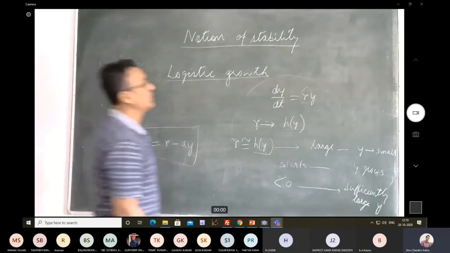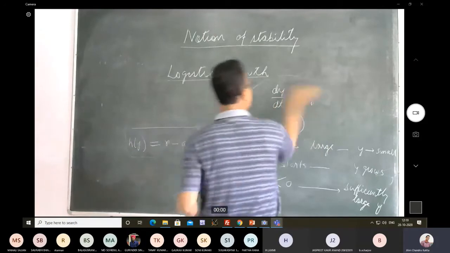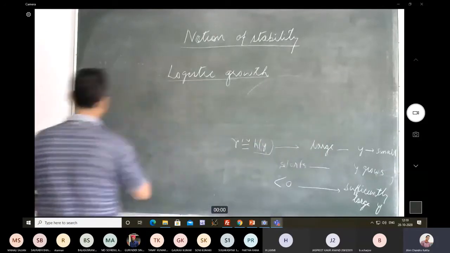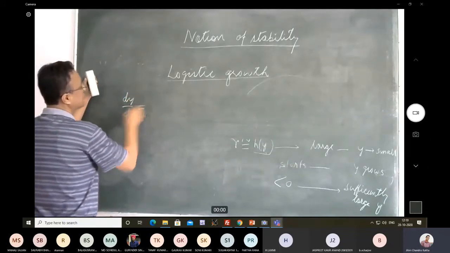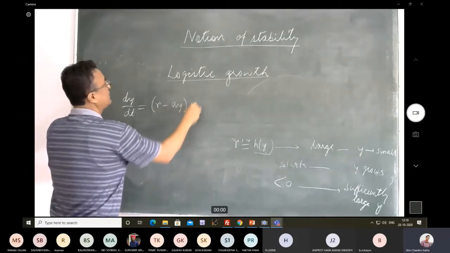So now, instead of ry, if I write down my equation, dy/dt is (r minus ay) into y.